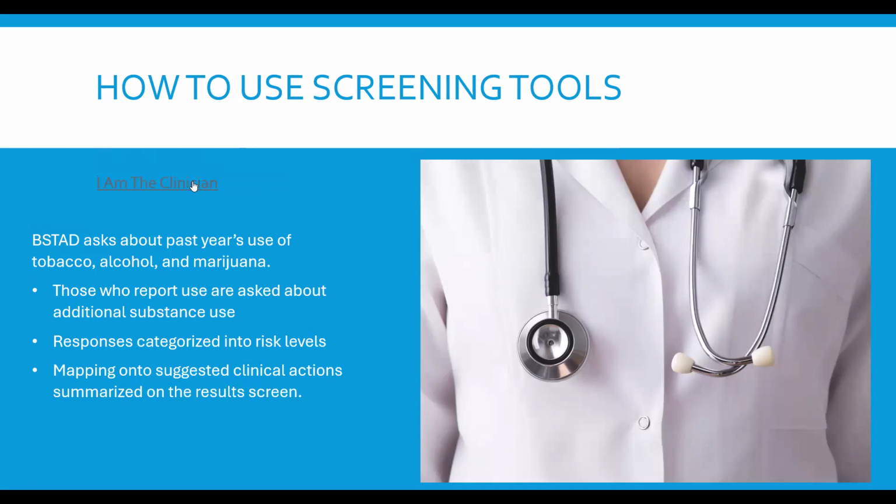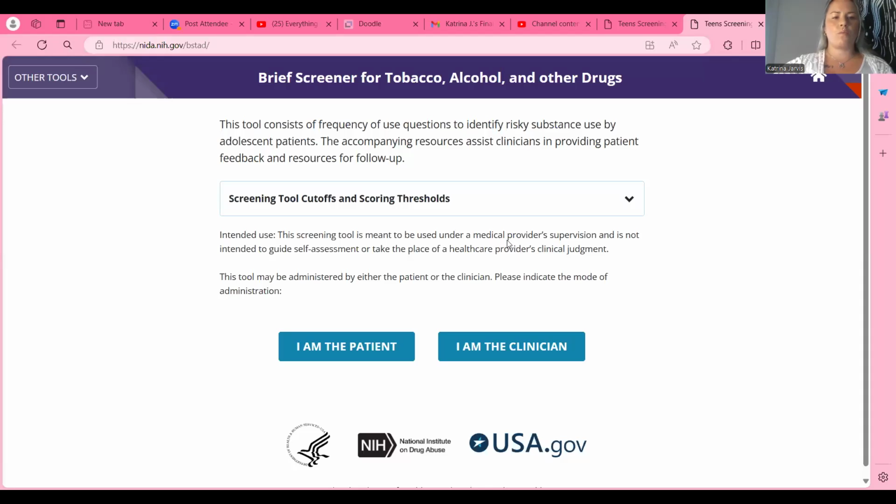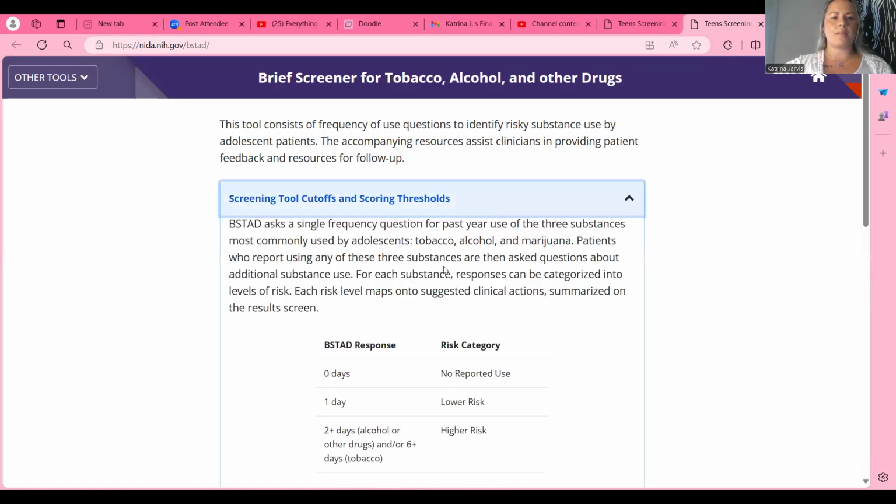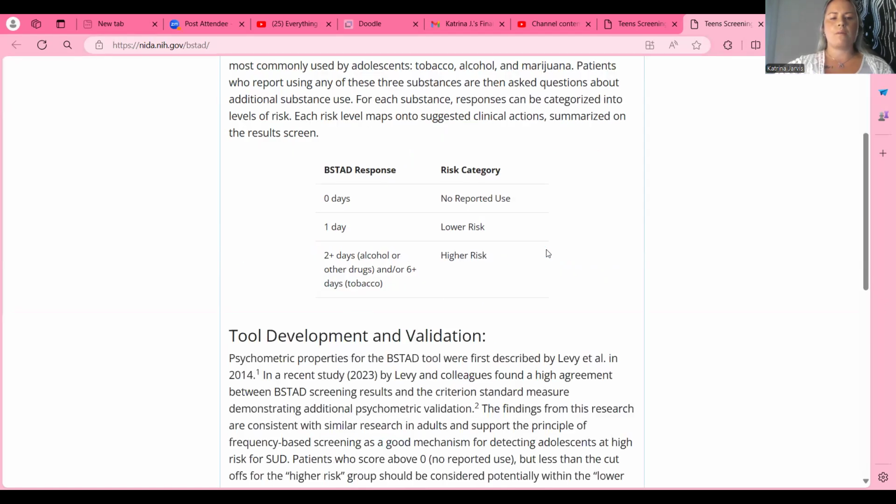I'm going to take you to a teen screening tool. And we're playing the clinician. This is the BSTAD. It identifies the most commonly used substances: tobacco, alcohol, and marijuana.